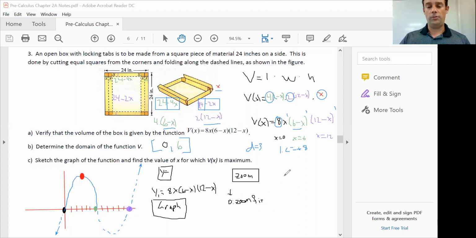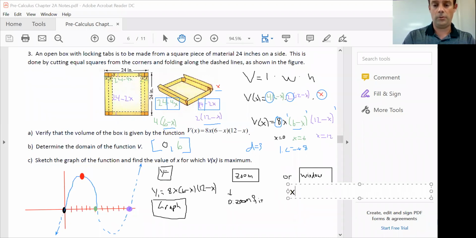The other thing you could do if you wanted to, and this is where I usually like to go, because I like to kind of control and mess around with it a little bit, is go here to where it says window. Now for your window, it's going to say a few things here.